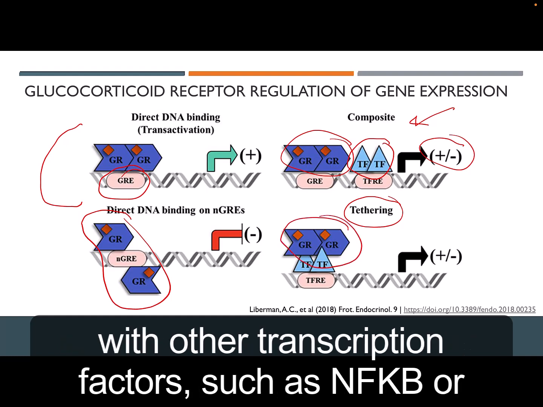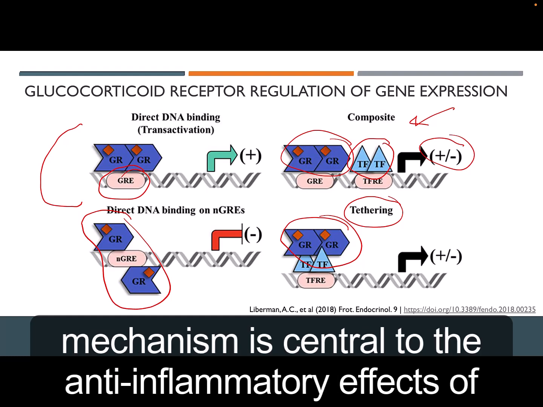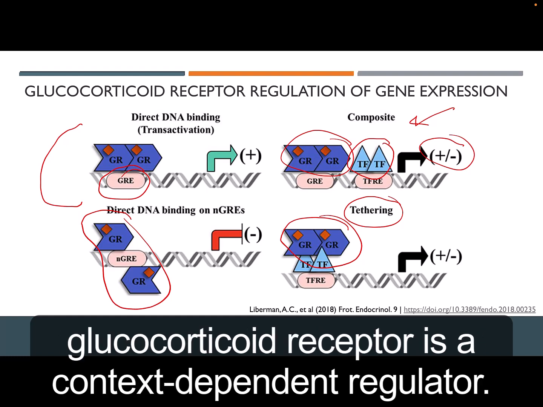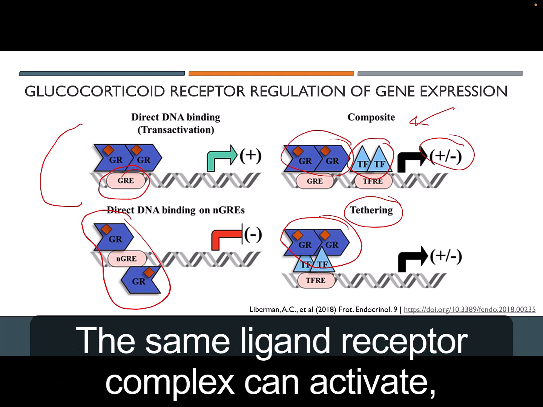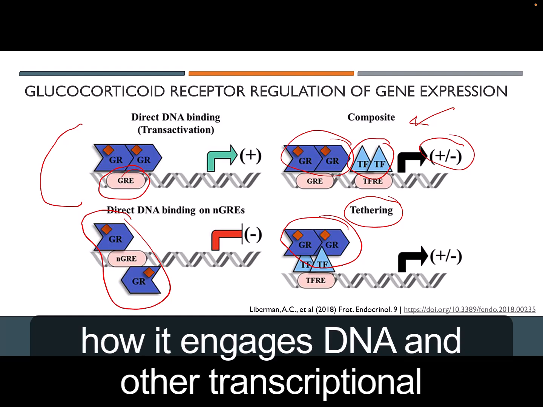Instead, it interacts with other transcription factors, such as NF-kappa B or AP1, and alters their ability to regulate transcription. This mechanism is central to the anti-inflammatory effects of the glucocorticoids. The key takeaway is that the glucocorticoid receptor is a context-dependent regulator. The same ligand-receptor complex can activate, repress, or fine-tune gene expression, depending on how it engages DNA and other transcriptional machinery.